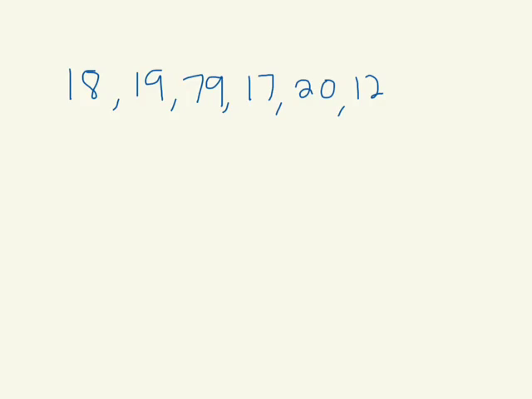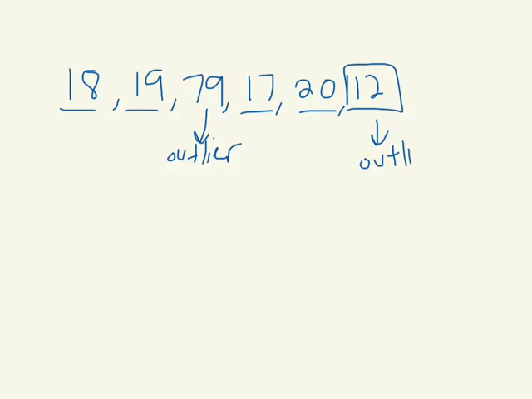Start going through: 18, 19, it's pretty close, 17, 20, even 12's pretty close. 79 seems way out there, so we would mark that as an outlier. That would be a high outlier. And we might even consider 12, because that's quite a bit lower than the others, as an outlier. So we see that this one actually has two outliers. So it's possible to have more than one outlier.